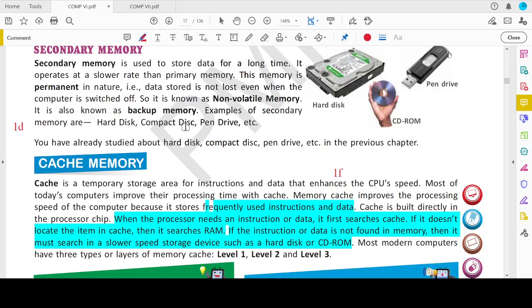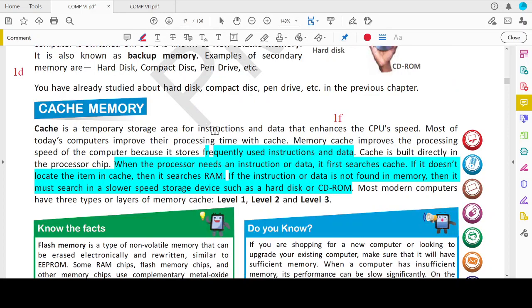These are also used as secondary storage, and the pen drives or the flash drives are used as secondary storage, that is for storing data as a backup memory for a permanent storage. So we have already seen about hard disks, compact disks and pen drive in the fundamentals of computer chapter. So nothing more to say about a secondary memory.